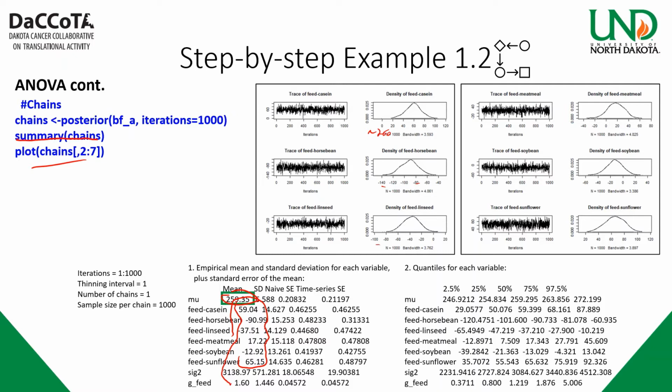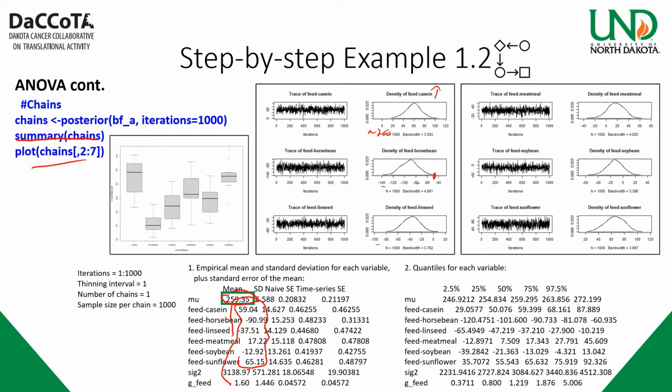We can see that horsebean looks like it's much smaller than all of them. It goes from like negative 40 at its upper end, so all these are going to be higher than that. It looks like linseed, though, might not be significantly different from these. You could go through all these and piece it out.